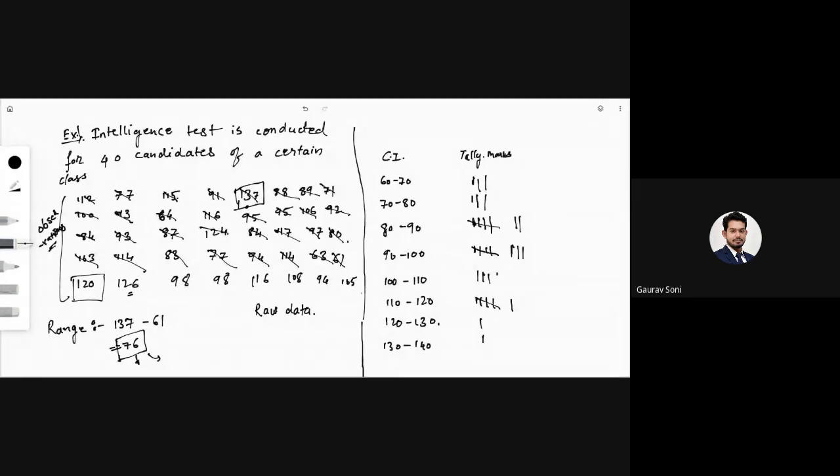Whenever we do a frequency distribution, there are two types: one is the inclusive method, and the other is the exclusive method. The one we have done here is the exclusive method, in which the upper limit is not included. These upper limits, 120, 130 and 140, are not included in the respective class.